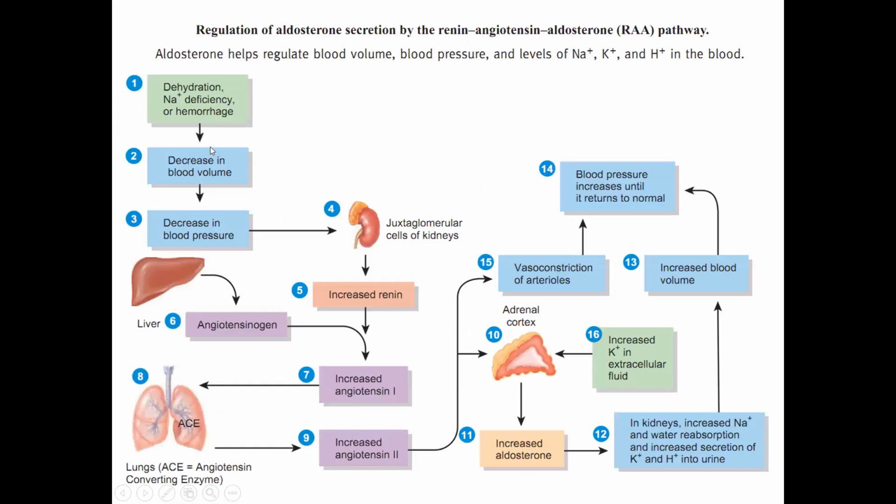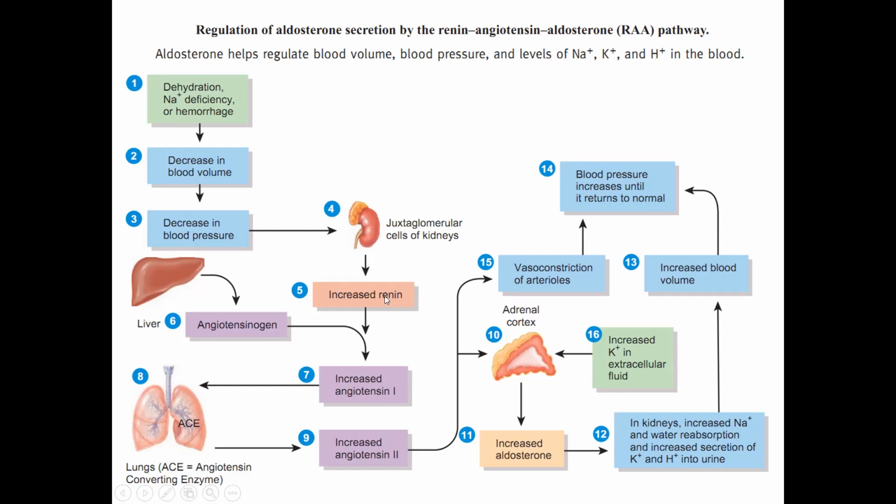For the regulation of your aldosterone secretion by the RAAS pathway, for example, if there's dehydration or hyponatremia or hemorrhage, whenever there's blood loss, there would be a decrease in the blood volume and also a decrease in the blood pressure. Now, the juxtaglomerular cells of the kidneys will sense it. They will produce renin.